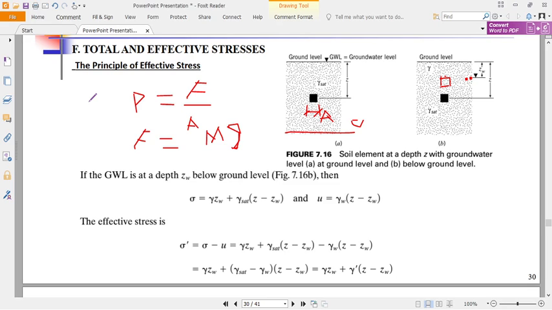So for our pressure, or stress at any depth, it is equal to force, and we substitute M here. So it is equal to density times volume times G, divided by A.